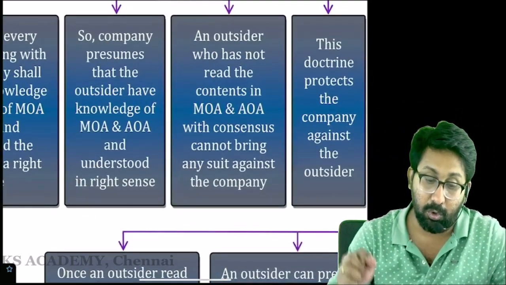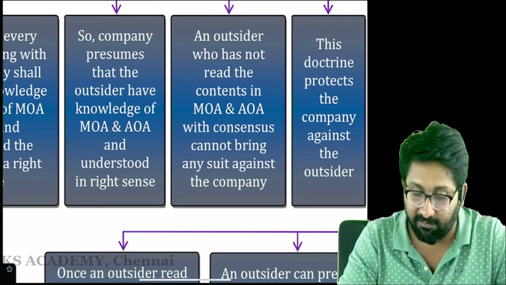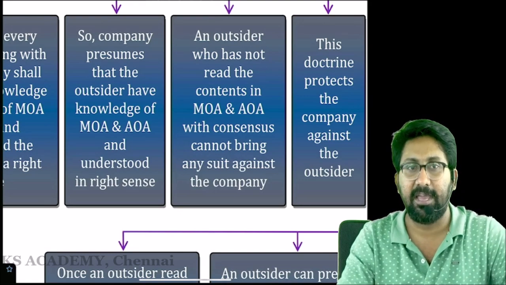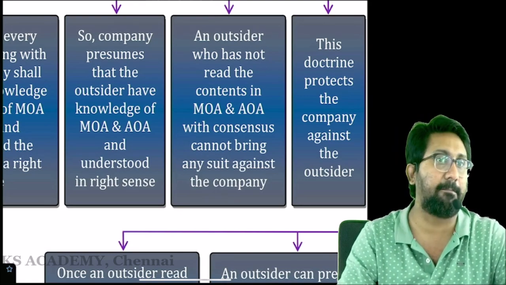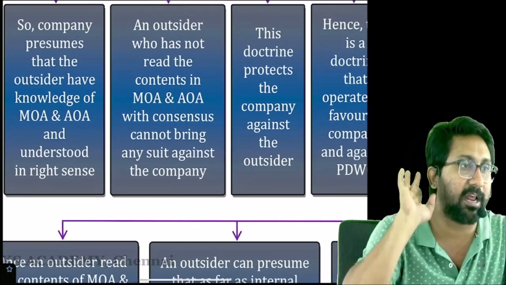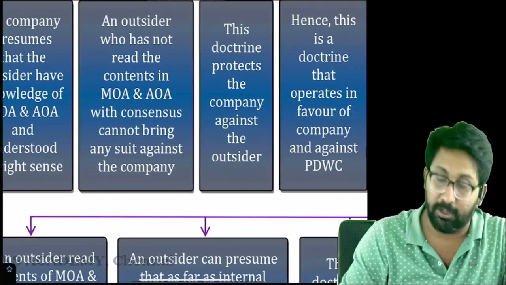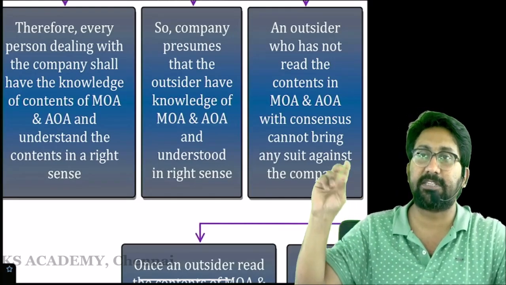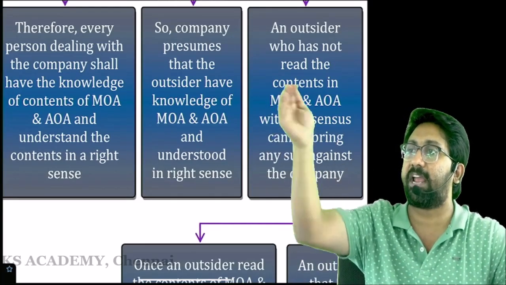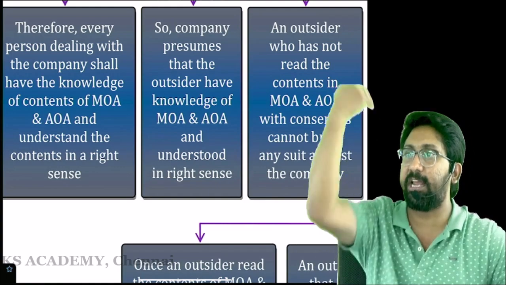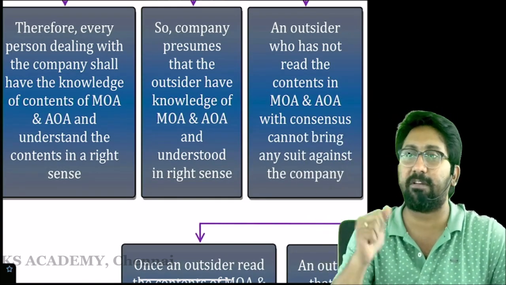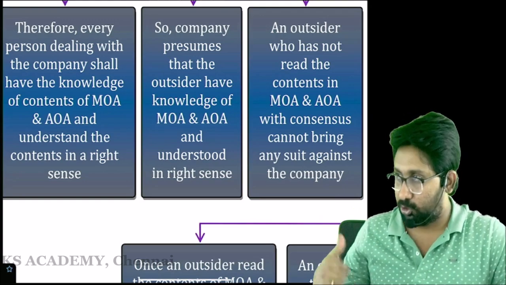An outsider who has not read the contents of the MOA and AOA with consensus cannot bring any suit against the company. You cannot file any complaint against the company. Everyone understood the point clearly or not? Next, tell me with your common sense: does this doctrine protect the institute against the student, or the student against the institute? Here, who is the institute in our example? Company. Student is who?